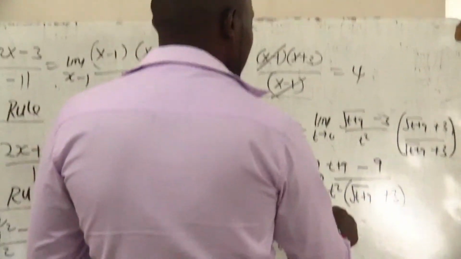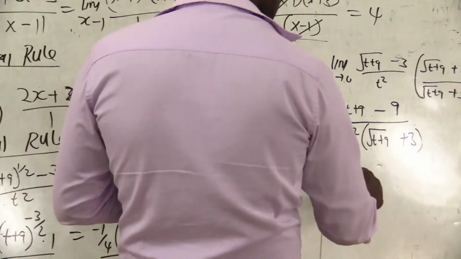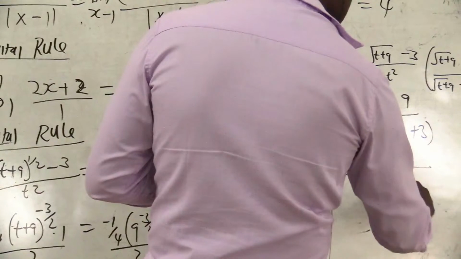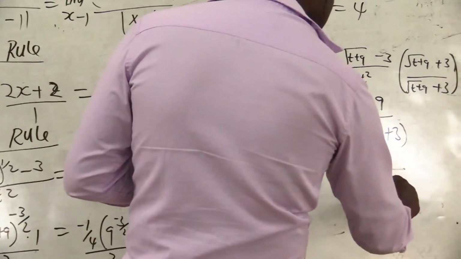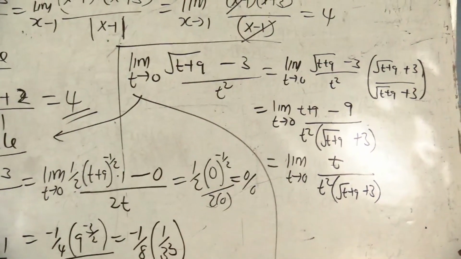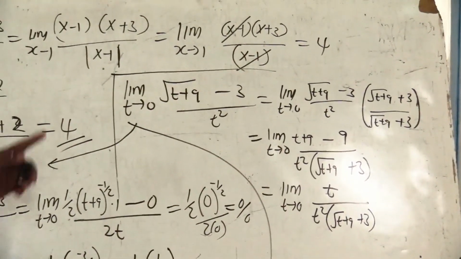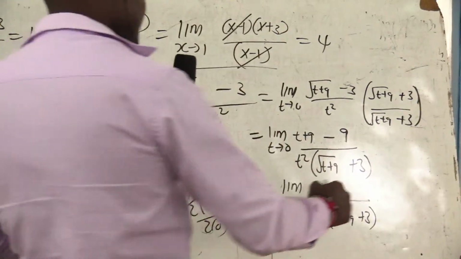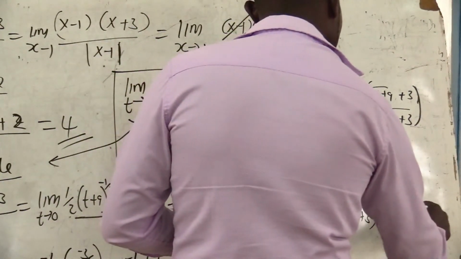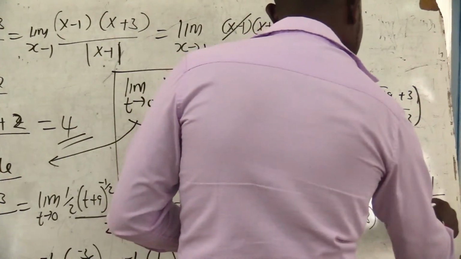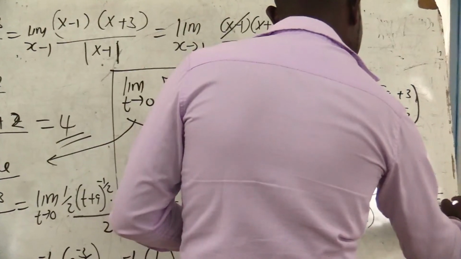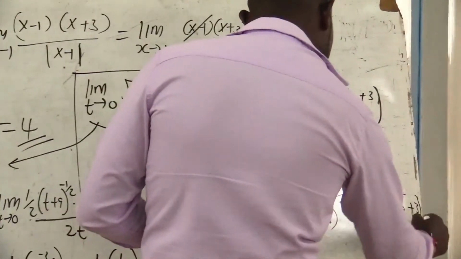So at the numerator you find it is the limit as t approaches 0 of t all over t squared times root (t+9) plus 3. With that one, one t will cancel out, so you get the limit as t approaches 0 of 1 over t times root (t+9) plus 3.